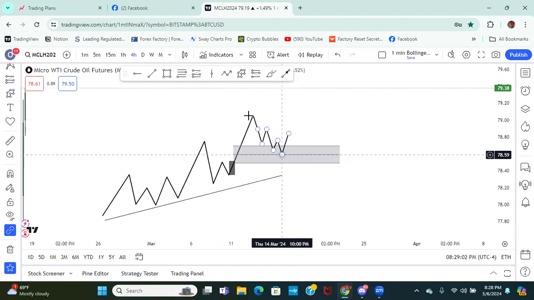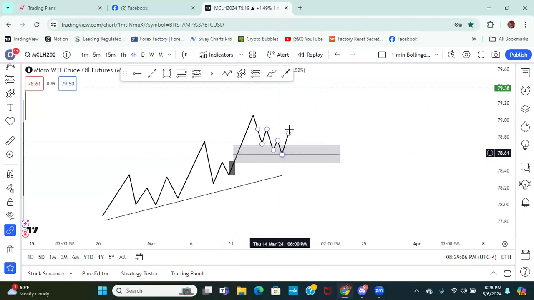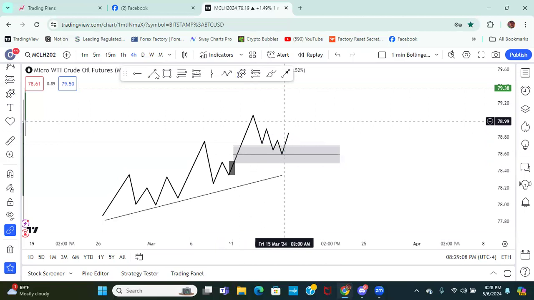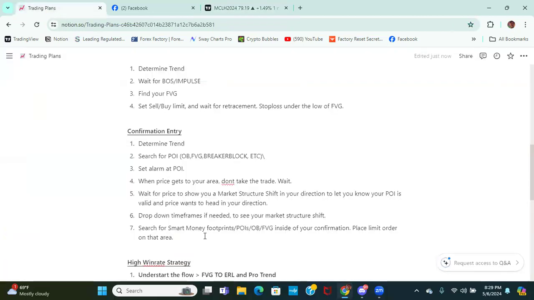Okay, see, this was moving down, lower lows, lower highs. We made a higher high. Okay, break of structure or a market structure shift right here. Okay, what is the next step? Search for smart money footprints, points of interest, order blocks, fair value gaps inside of your confirmation. Place the limit order on that area.